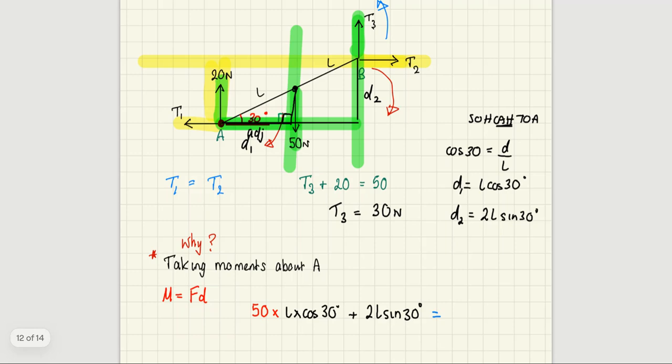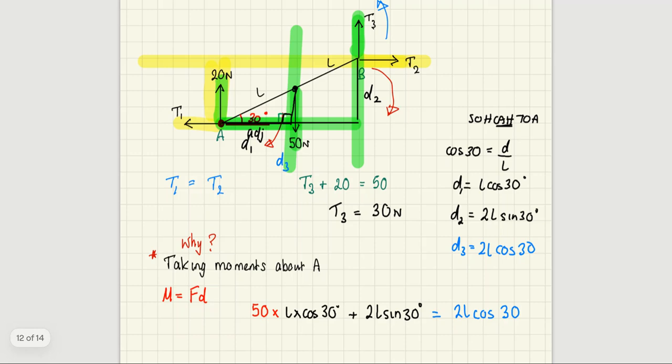So we've got D3. So D3 is 2L cos 30, because it's this whole length here. It's getting complicated on my diagram, but that's why I'm talking you through it slowly.